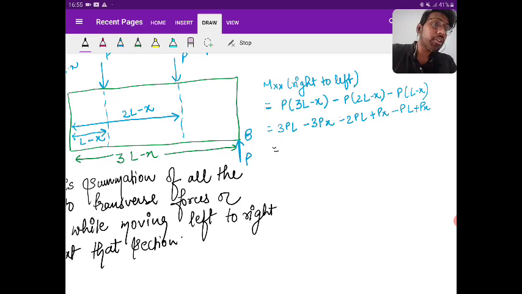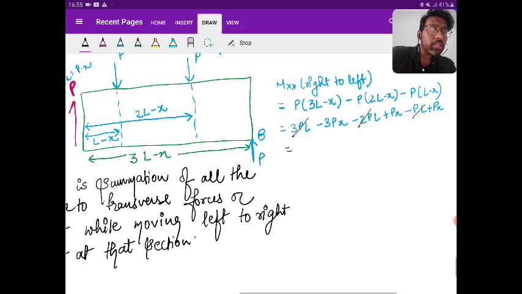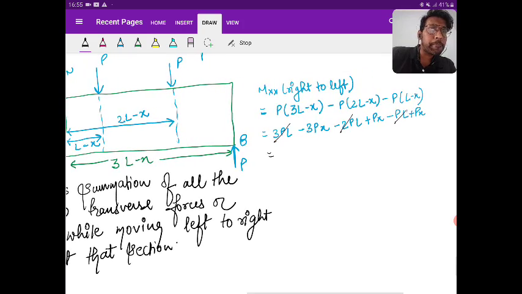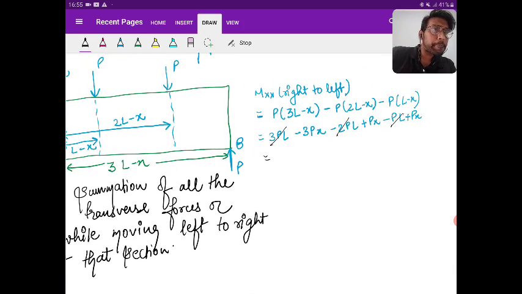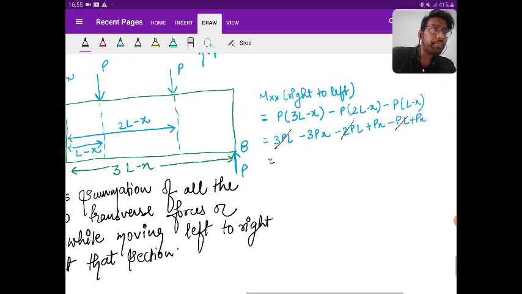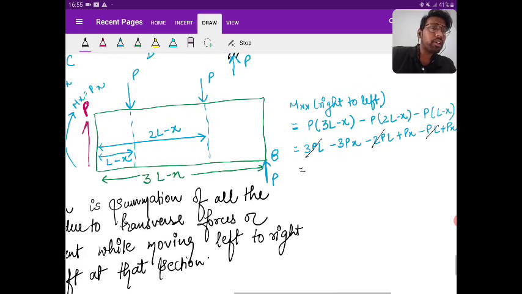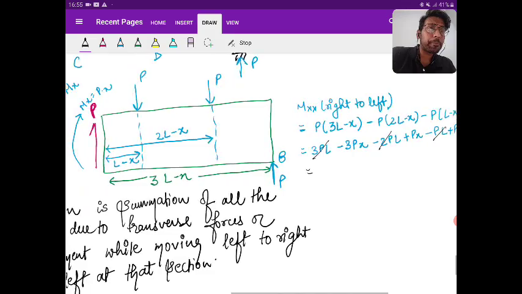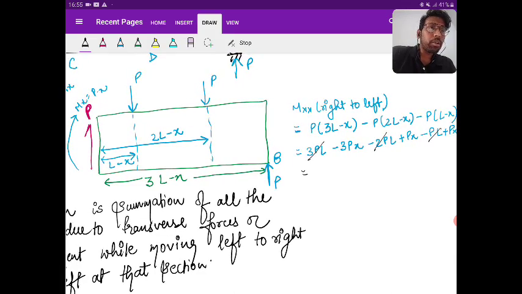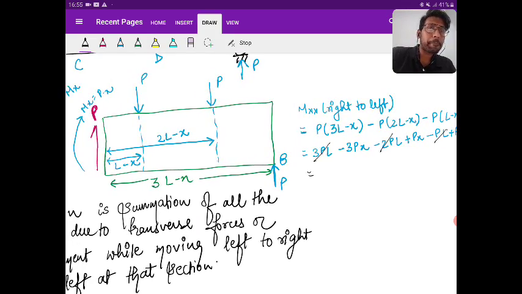So see here, 3PL minus 2PL minus PL cancel out. Minus 3PH. Just a minute. What is the value you are getting? Coming right to left, the value is P into 3L minus H, right? Minus P into 2L minus H.